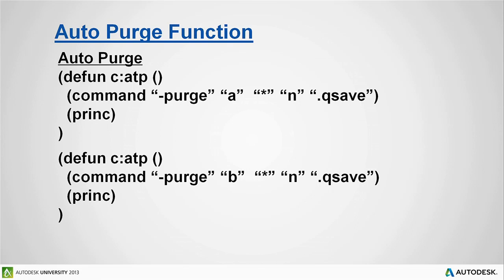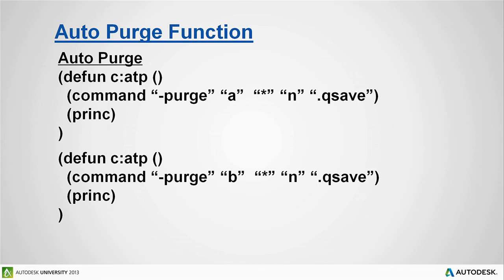So the idea was to give the users a quick, easy-to-use little keystroke that would make it easy for them to purge. This required us to do a little bit of research into the -purge command, which is the command line version of it, and figure out how we would make a quick keystroke. We decided to call it ATP for AutoPurge. We invoke the command line -purge.